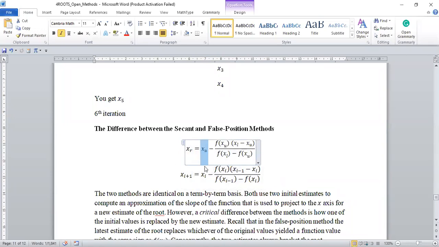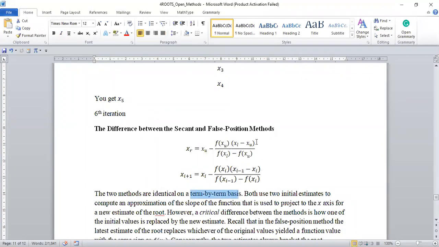This is the upper limit, this is the value of x at the previous iteration. Then you evaluate this. You have this lower limit, upper limit. This is the previous value, this is the current value. So they are similar on a term by term basis.